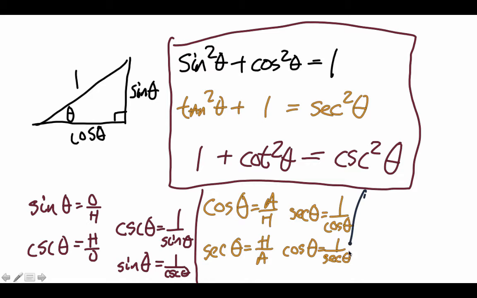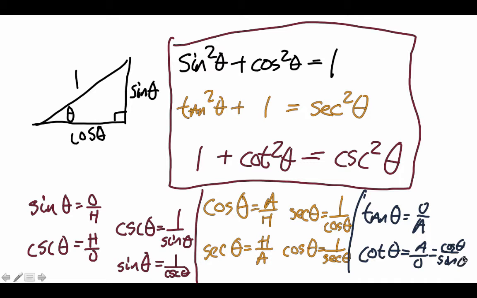And last but certainly not least, the tangent of theta is equal to the sine over the cosine. It's also equal to the opposite over the adjacent. Okay, the cotangent of theta is equal to adjacent over opposite. It's also equal to the cosine of theta over the sine of theta.